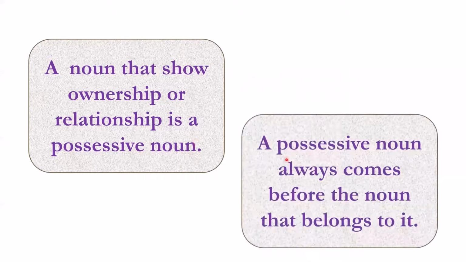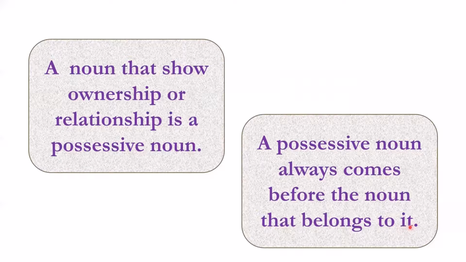So, a possessive noun always comes before the noun that belongs to it. It is very important, children. So, I am explaining you once again. First, we read this sentence again. A possessive noun always comes before the noun that belongs to it.